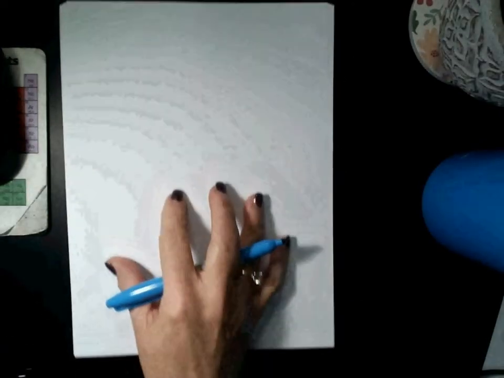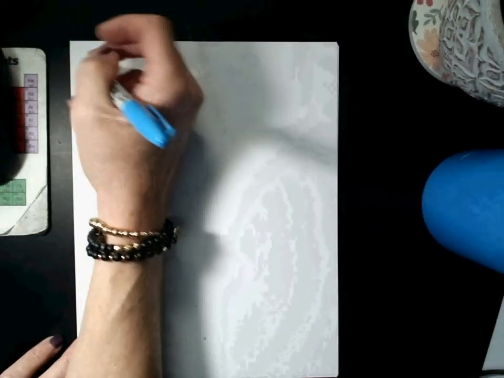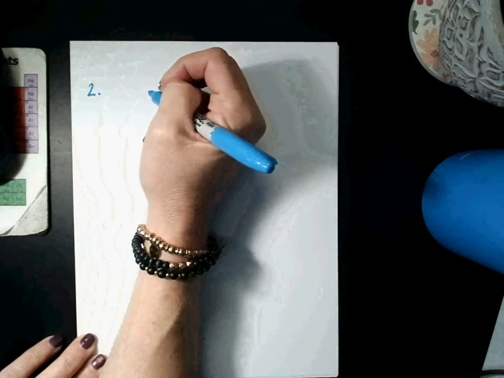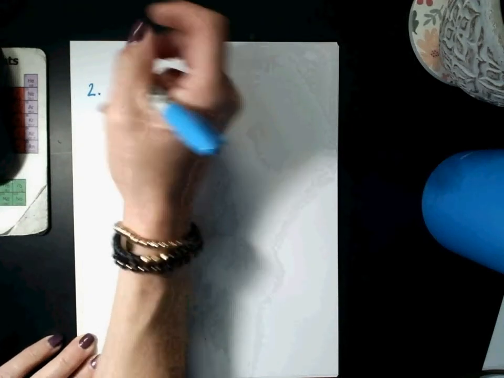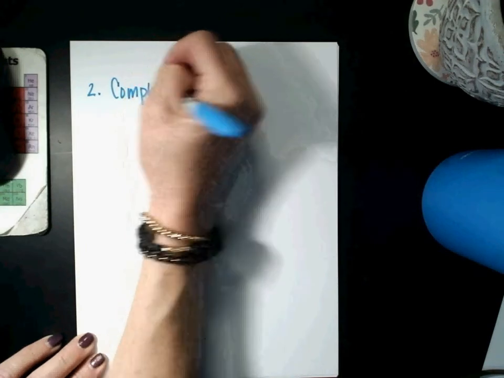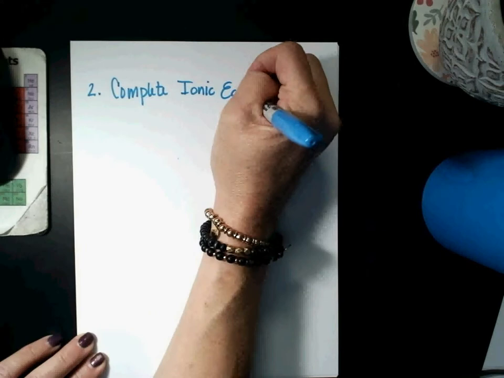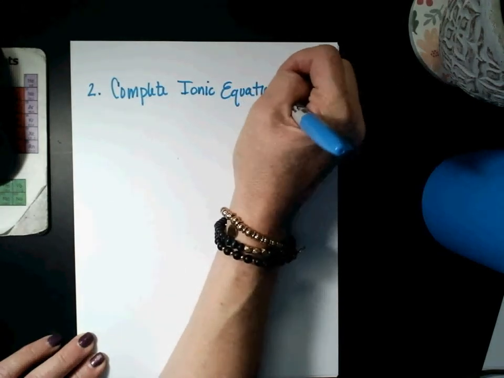Okay, the second type, which is, I don't like these, but they're sort of a necessary evil, I guess. It's called a complete ionic equation.